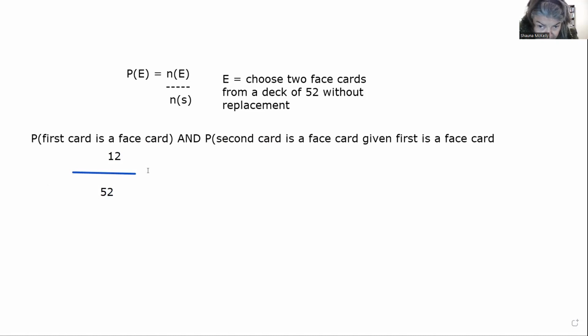The second card being a face card, and we're not replacing, means there are 11 face cards left in the deck out of 51. So one way to approach this problem is to multiply 12 out of 52 times 11 out of 51.